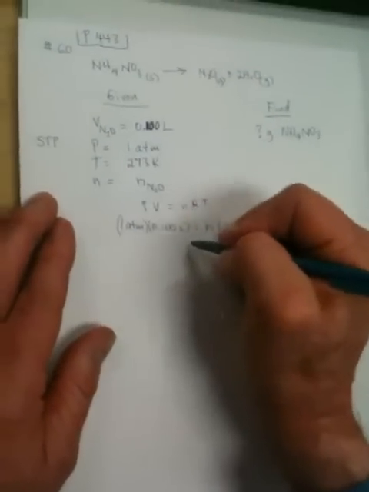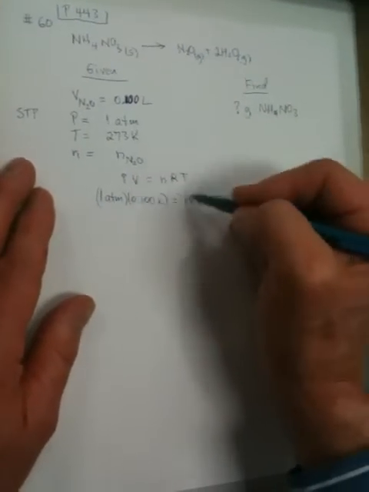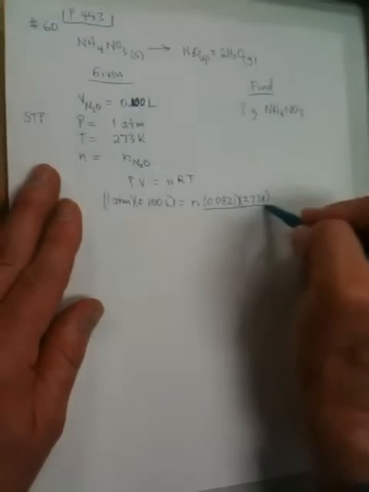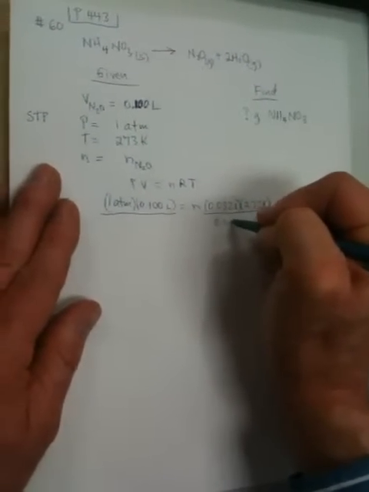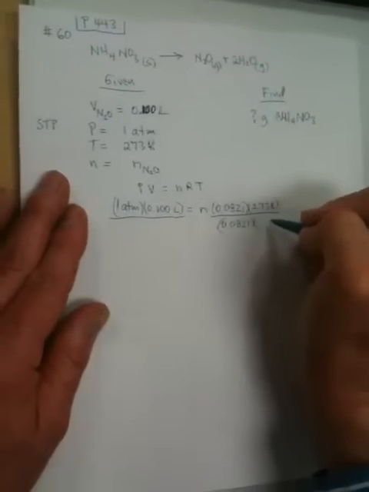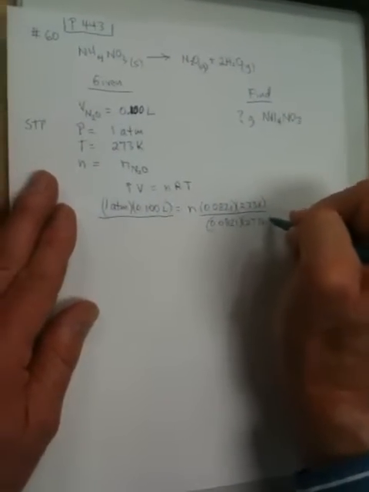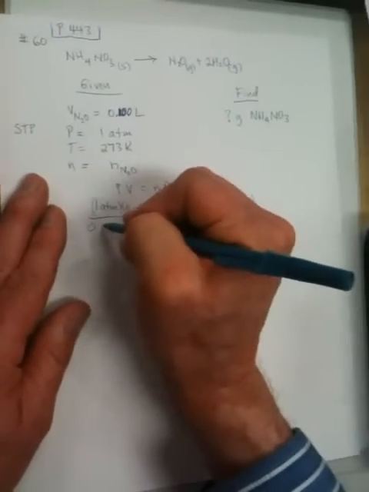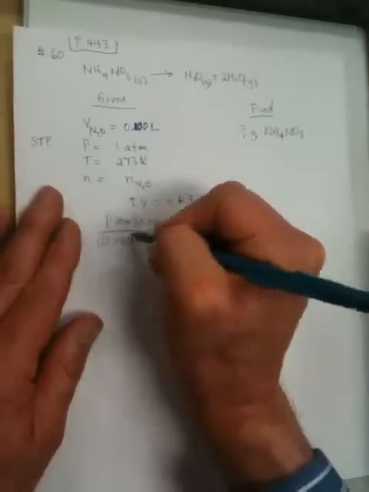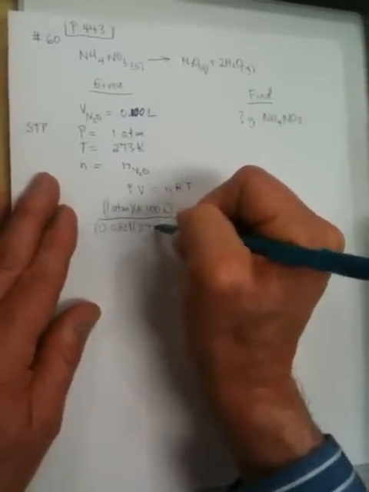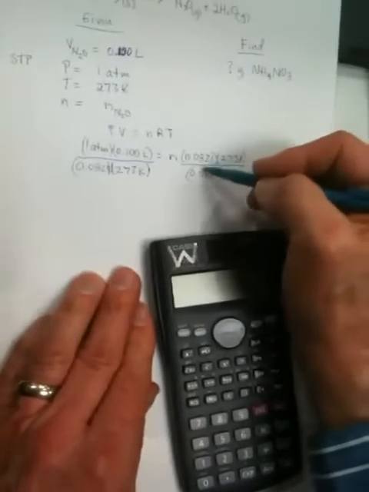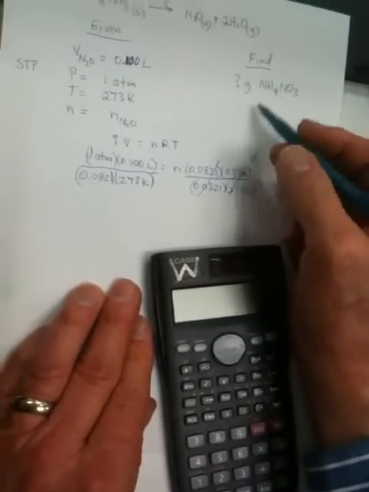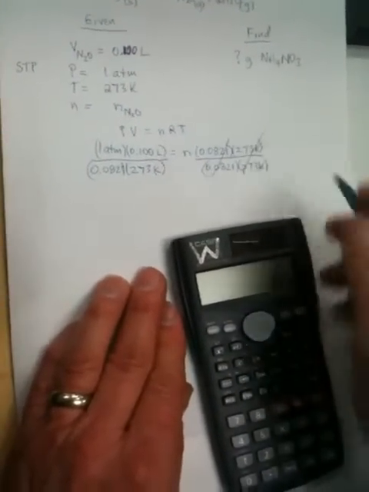So when we solve for n, we are going to divide both sides by 0.0821 times 273 Kelvin. And now when you run that on your calculator, this will cancel, and this will cancel, as will the kelvins.